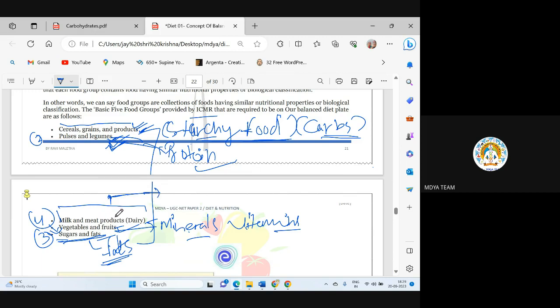So it is to cover the deficiency of some nutrient, like carbohydrate, protein, fat, vitamin, and mineral. Like you know that milk is a complete food. In milk, except vitamin C, all the other nutrients are present. Similarly with meat, what is meat? Meat is just the flesh of an animal.